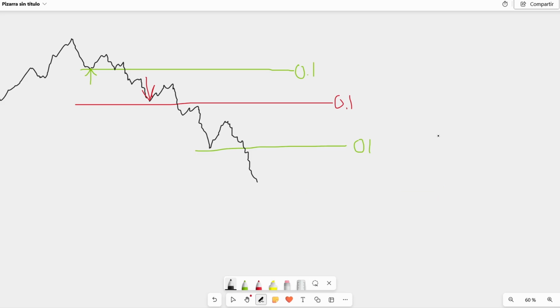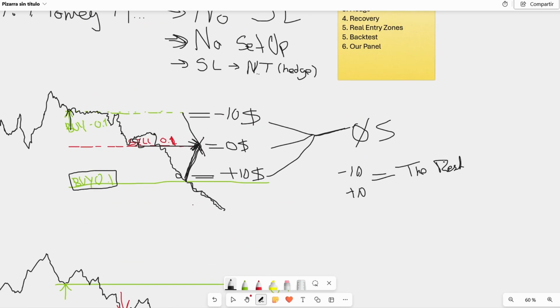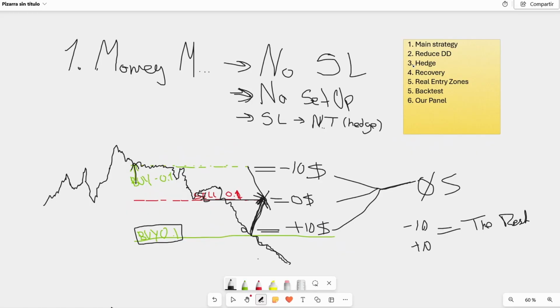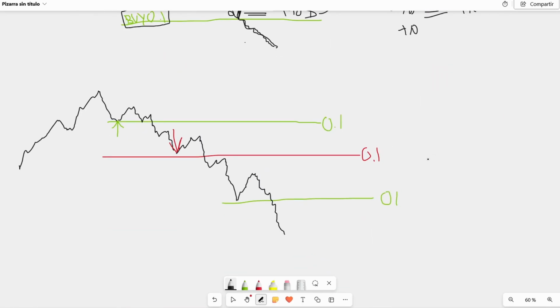So, okay. Let's go to the next part, that is the hedge part. The hedge part comes in when the strategy is more complex. So what happens when the strategy gets more complex?